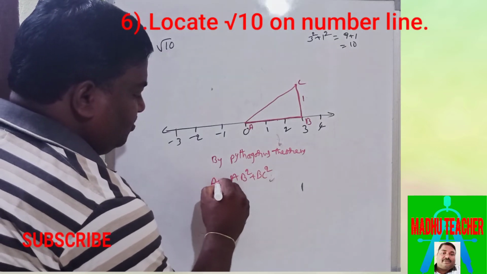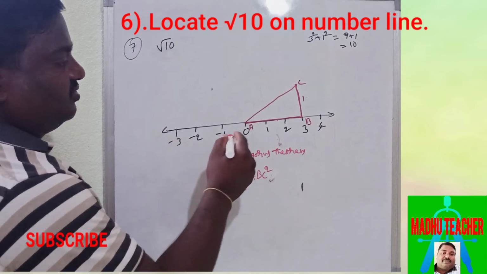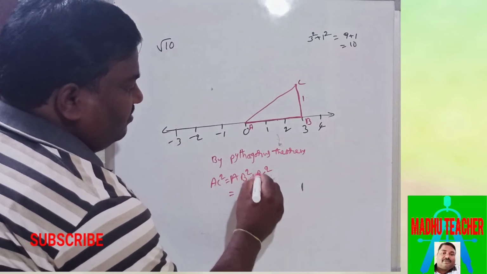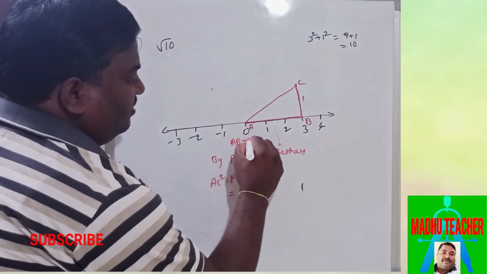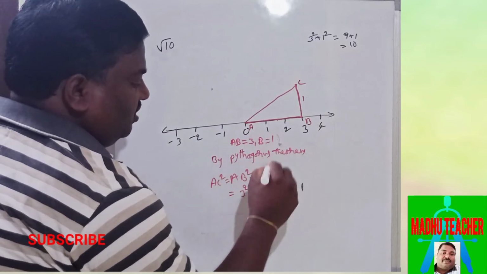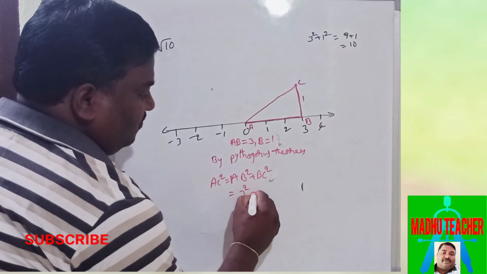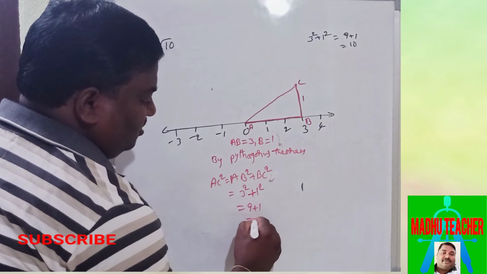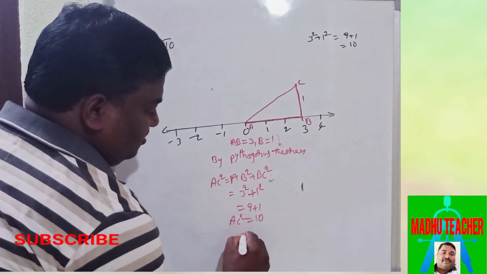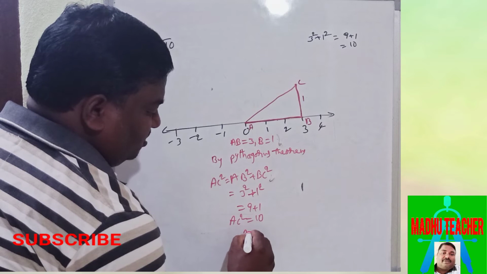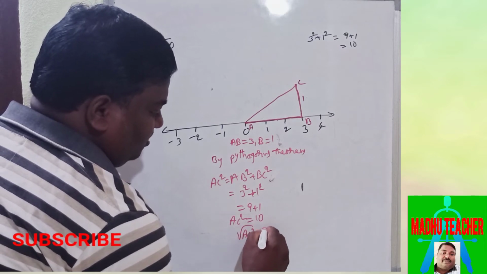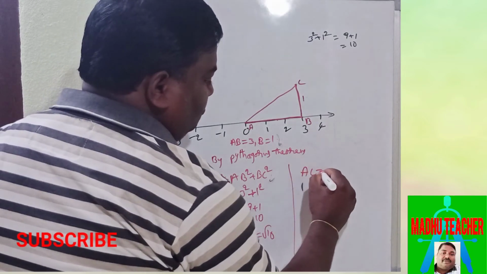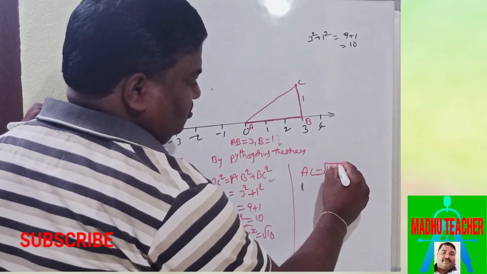So AC square equals AB square 3 square plus BC square 1 square. 3 square is 9, 1 square is 1, that equals 10. AC square equals 10, then by taking root on both sides, the square root gets cancelled, we'll get AC equal to root 10.